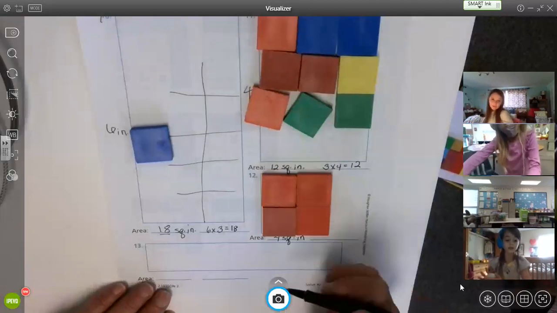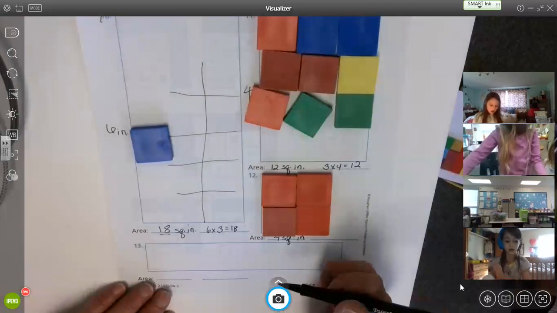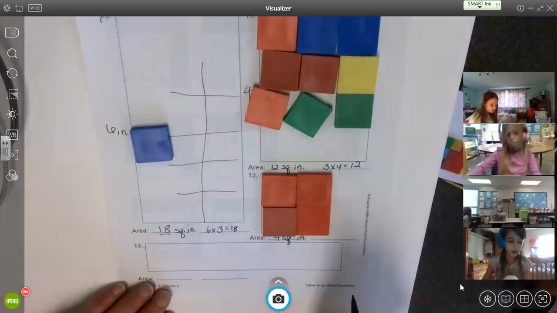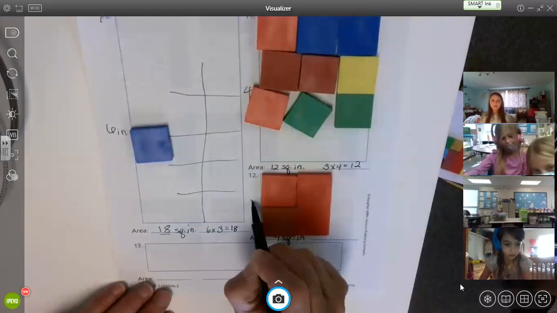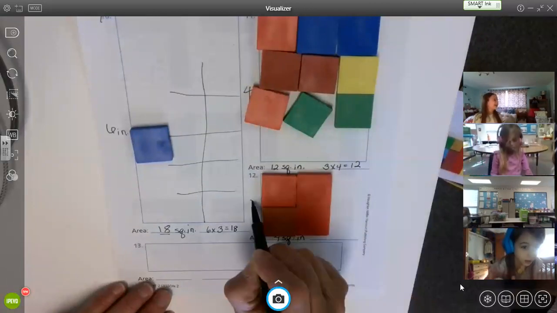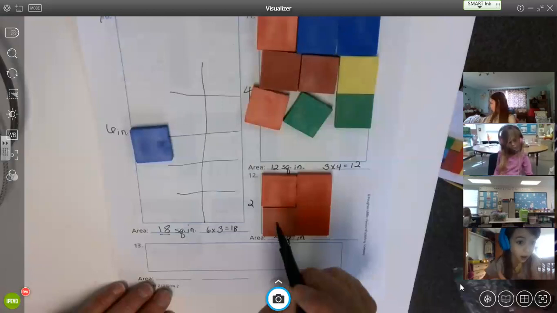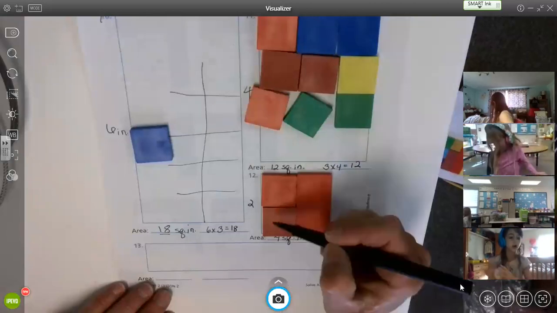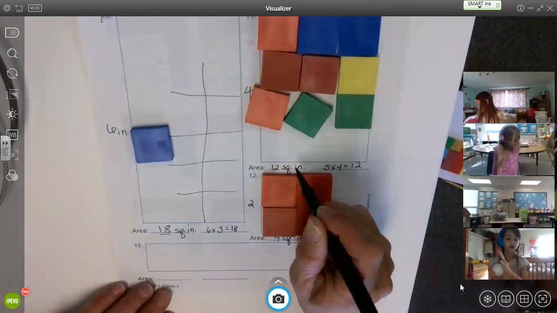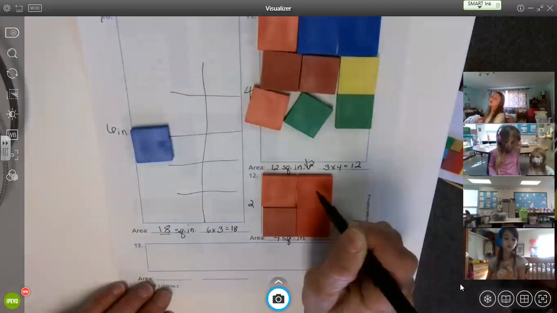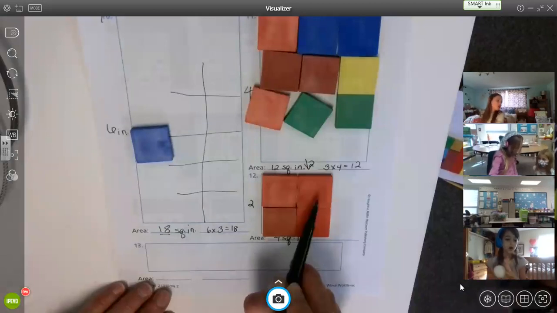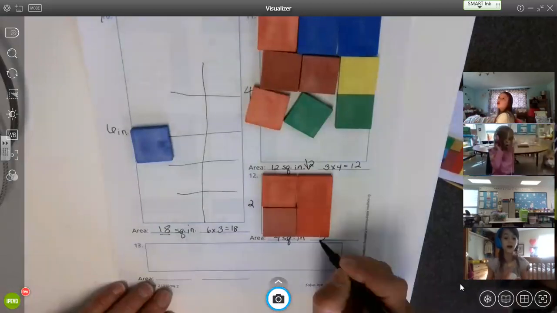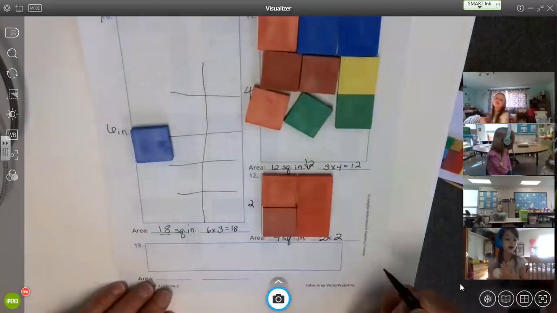Okay. All right, Lyric, what were the side lengths for this square? How many going down? And how many across? Count. 1, 2, right? 2 by 2. So you should have said 2 times 2 equals.